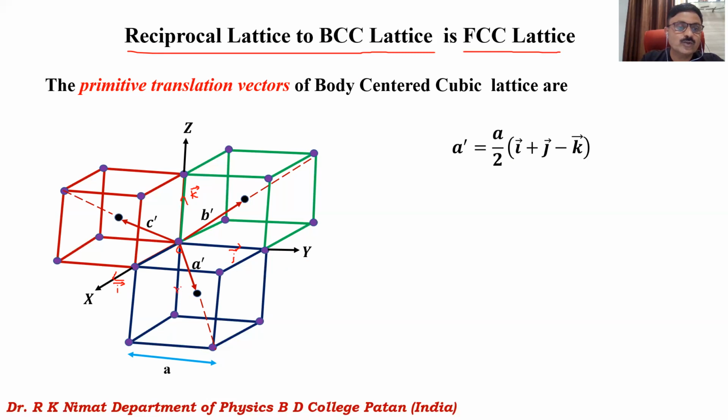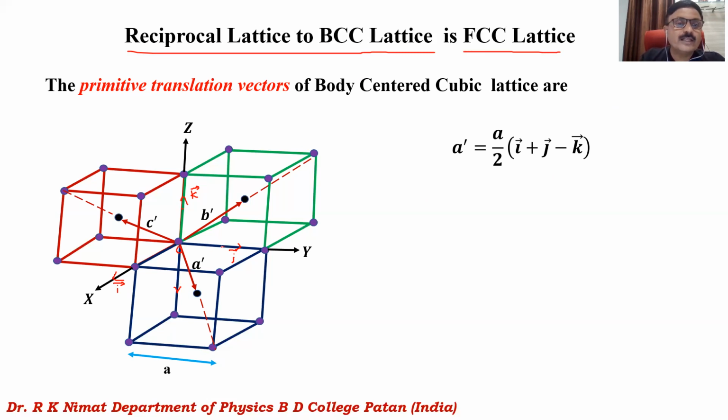So we have to take it as minus k, and this distance is nothing but a by 2. It will be at a by 2, and this will be at a by 2. Why minus unit vector k? Because if you consider this vector, its z component will be in negative direction, and therefore we have to take the unit vector as minus k.